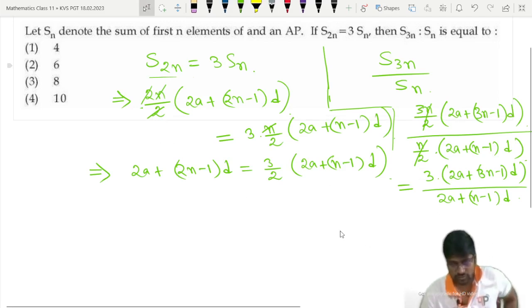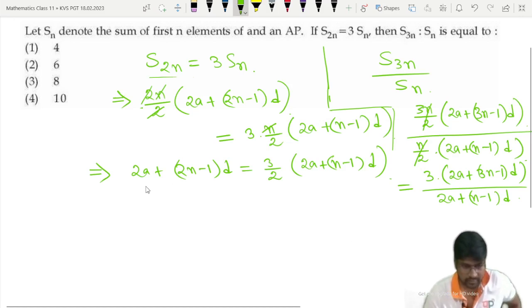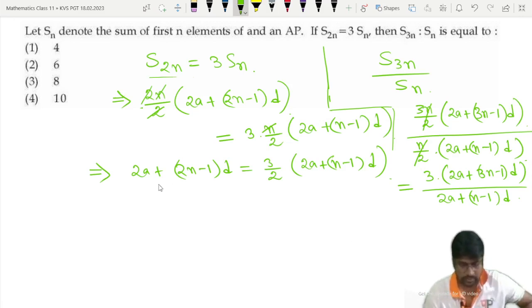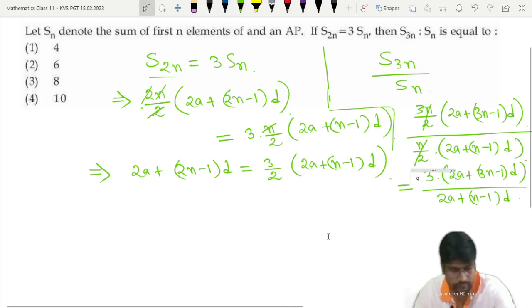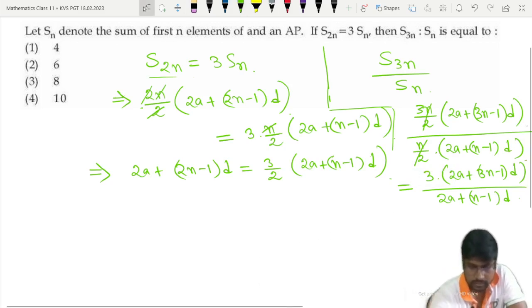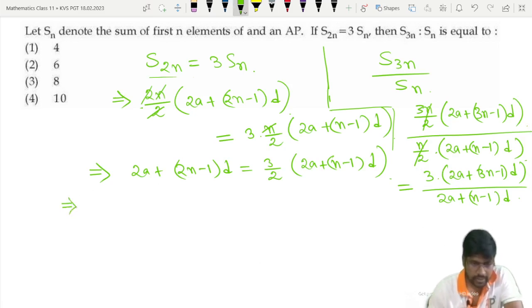So this quantity, how we can find from this? Let's do some further simplification on this side. So 2a will become 4a plus 4n minus 2 into d.